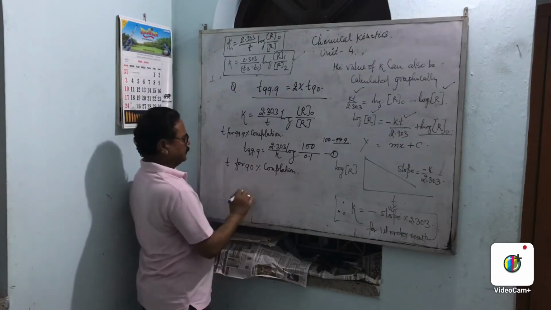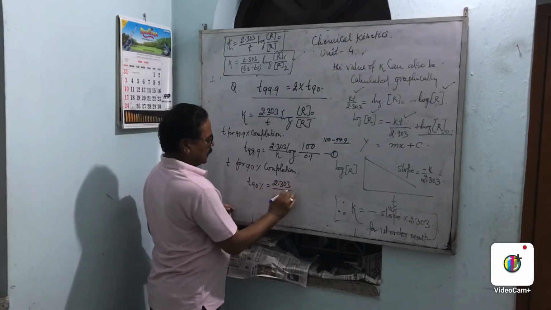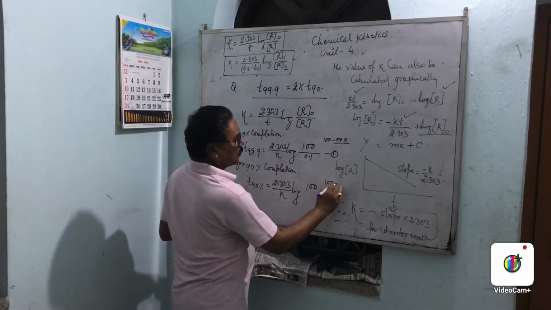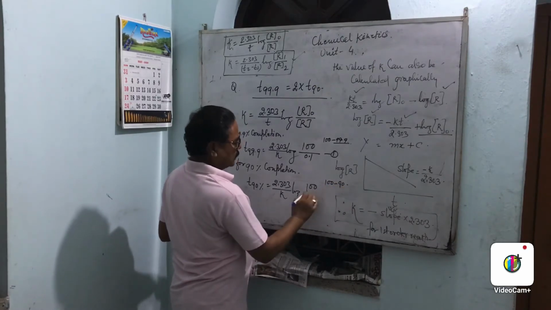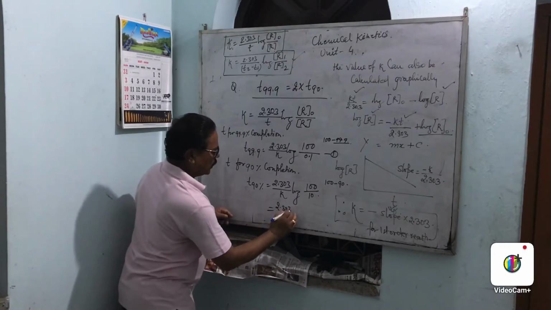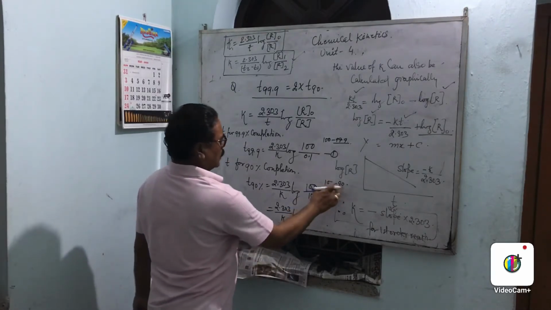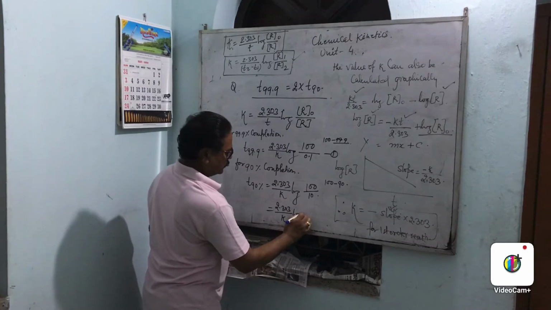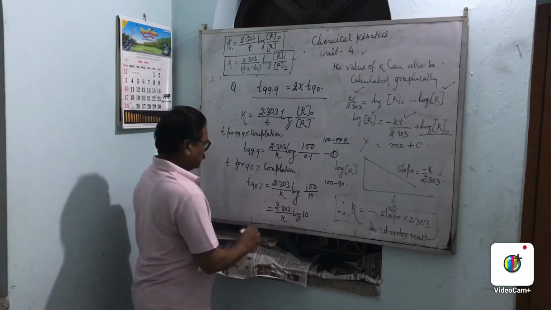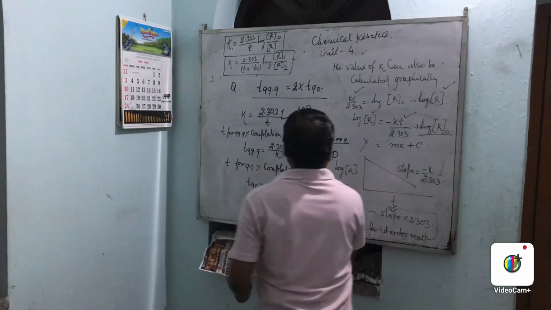So T for 90% is 2.303 by k log of 100 over 10, because for 90% completion, 100 minus 90 is equal to 10. So you solve this equation.